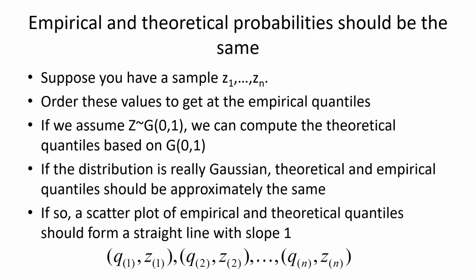And then we do the exact same thing as we did before. I have this listed here, but it's the exact same thing we did with 5 points. If I have a sample, I first standardize them, then I order them. And if I then want to check whether they are normal 0, 1, then if this is true, the theoretical and the empirical quantiles should be approximately the same.